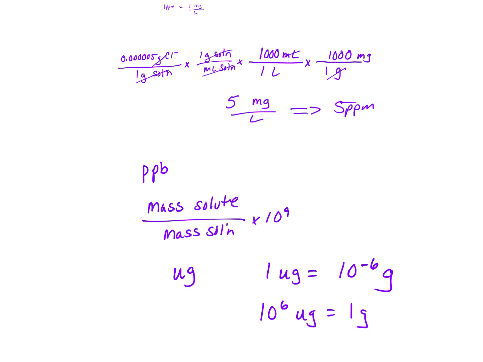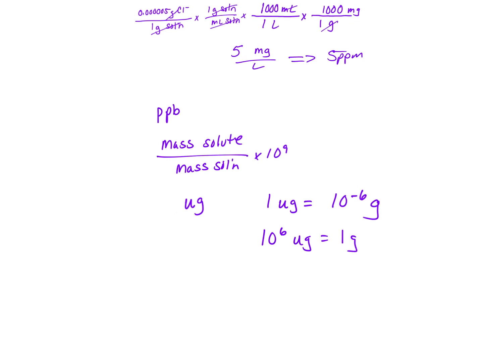And use that factor in place of our conversion to milligrams. And what we would end up with is that 1 part per billion, assuming the density of water is 1 gram per milliliter and we're in aqueous solution, is equal to 1 microgram per liter.